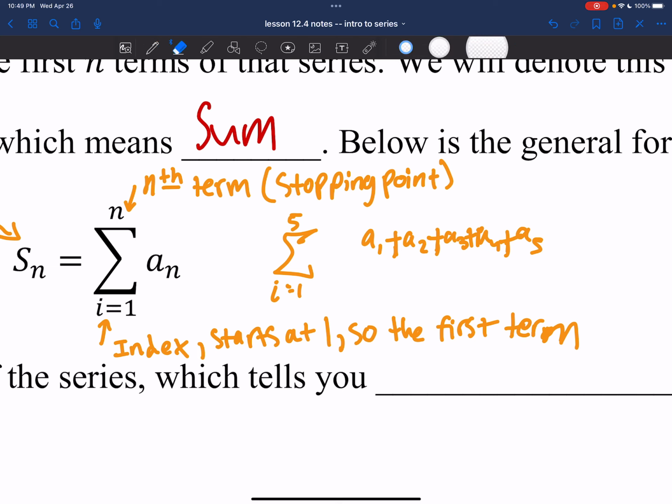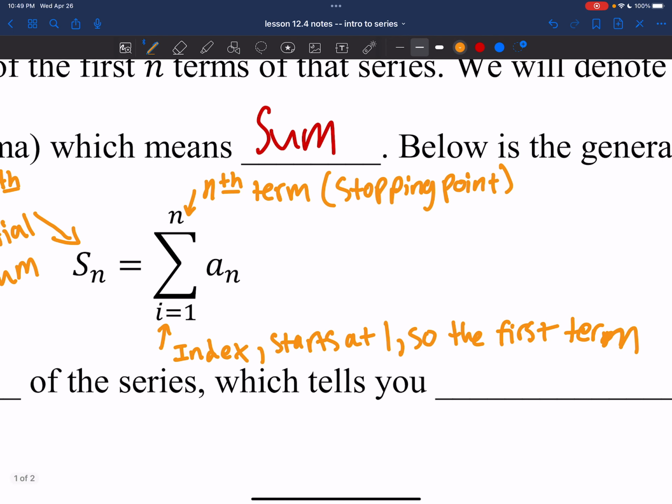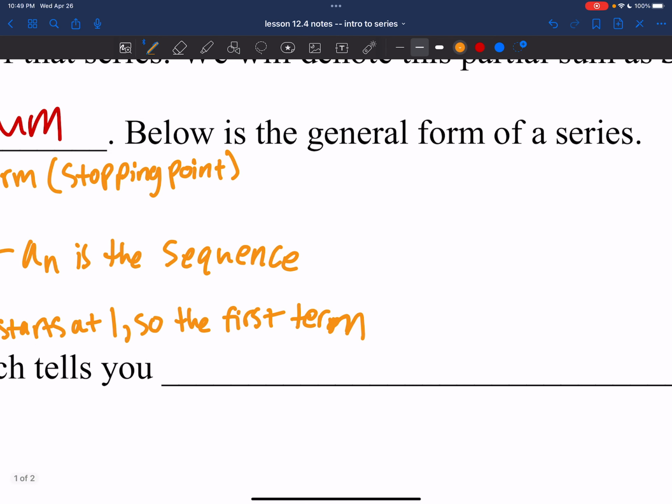It's a series. And finally, the thing that you see here, a sub n, is the sequence, whatever sequence you're talking about. So often this is an explicit formula.